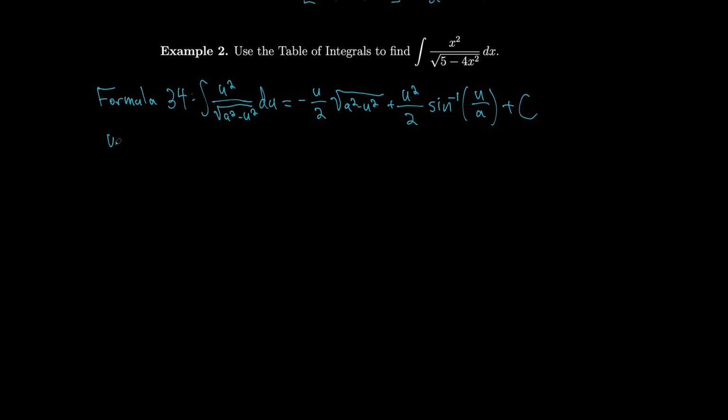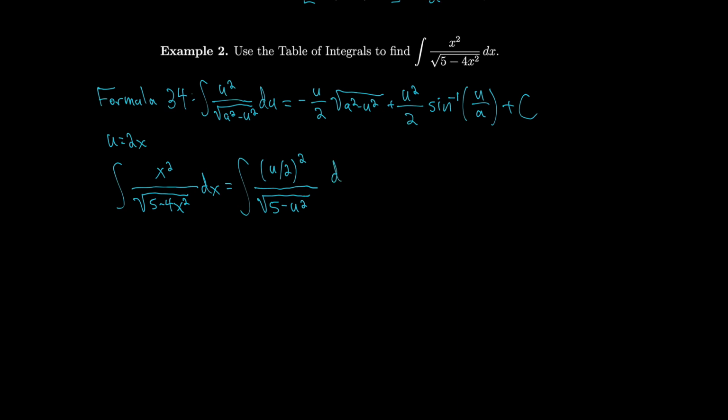But anyway, we let u equal 2x, and then our integral of x squared over the square root of 5 minus 4x squared becomes the integral of u over 2 squared divided by 5 minus u squared.